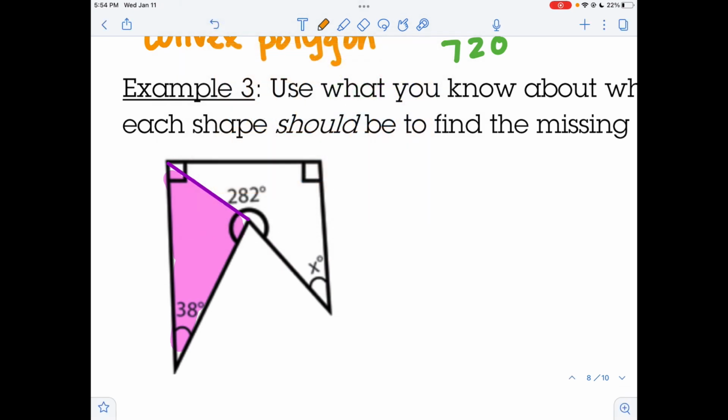But if I do the same thing, go from that center point out to the right angle, then guess what? I have a triangle here and a triangle here. So we have 3 triangles, each with 180 degrees.